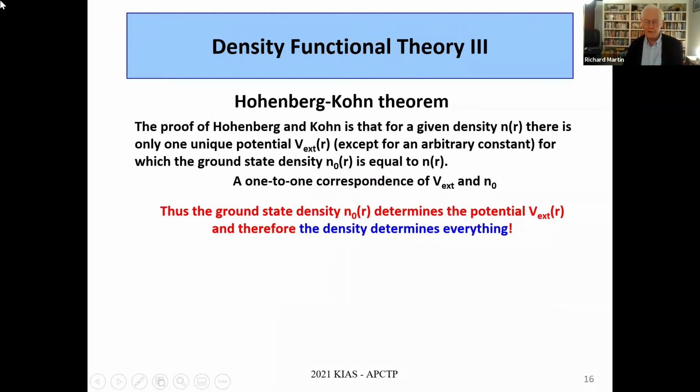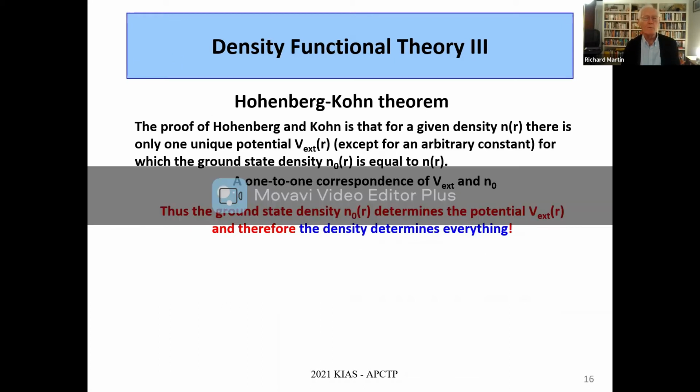So I'm not going to actually write down what Hohenberg and Kohn did, but the essence is it's a very simple proof that there's a one-to-one correspondence of the ground state density and the external potential.